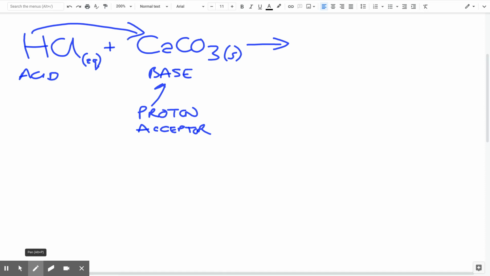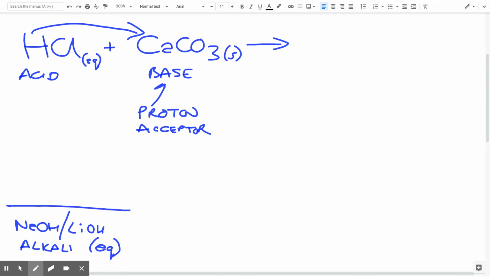Now, all of the previous examples that we've looked at, so for example, sodium hydroxide, or we looked at lithium hydroxide, we called all of these alkalis. And the differentiation here is that these substances dissolved in water. And so they are basic in the sense that these will also accept a proton.